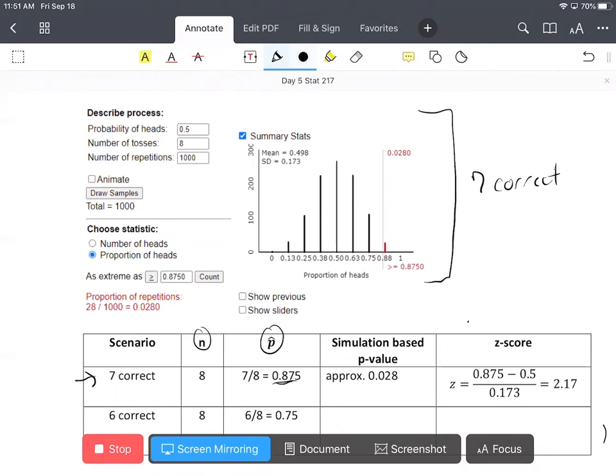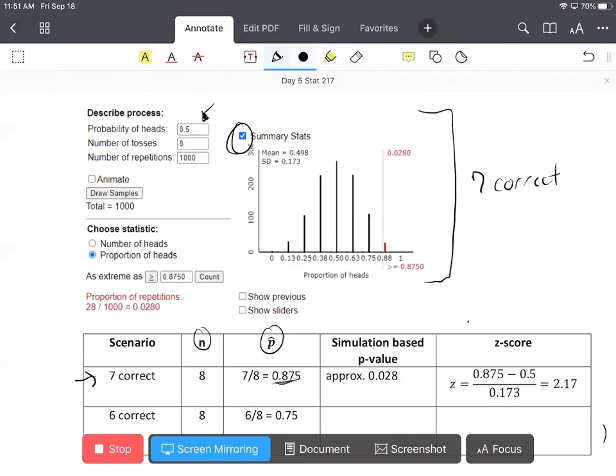And that gives me a 50-50 chance. Remember, that's the probability of heads or the probability of success. The number of tosses is our n. We do 8 tosses, and we're going to do that 1,000 times. It'd be really hard to do by hand, so we have these applets to do it.